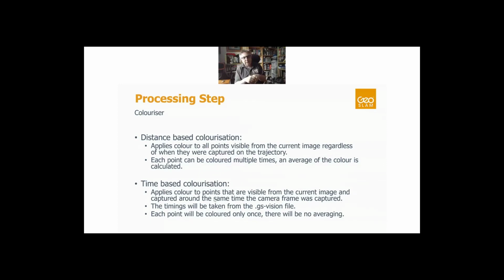In distance-based, there's a lot more points being colorized per image, but we do get a more rigorous colorization. So if you wanted to see a quick result, you could use time. If you were looking for a deliverable result, you would certainly use the distance option.